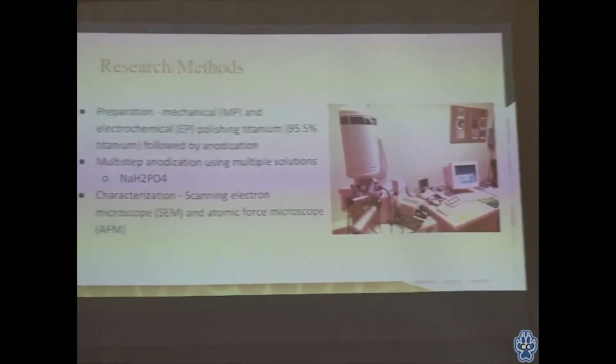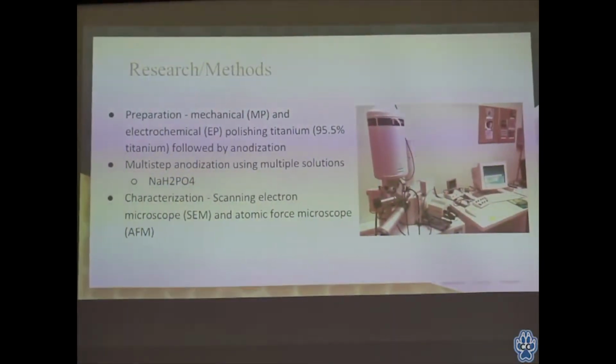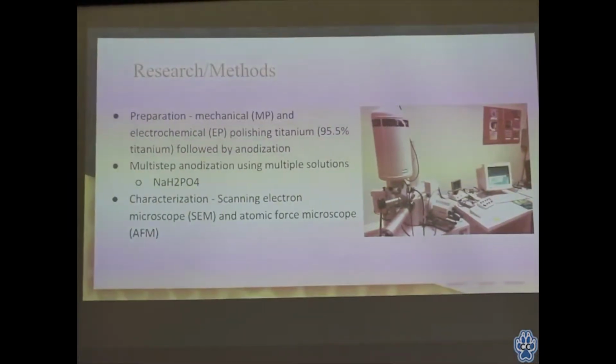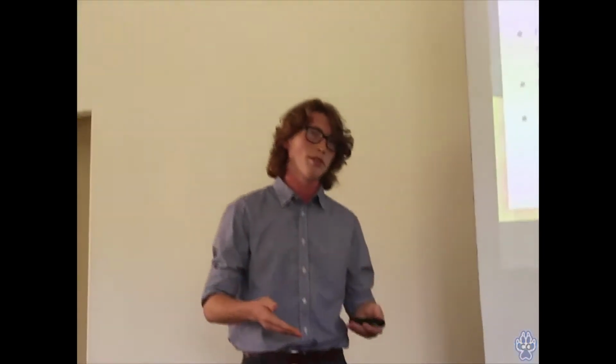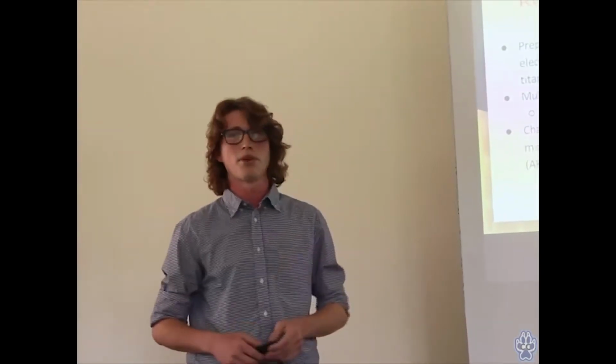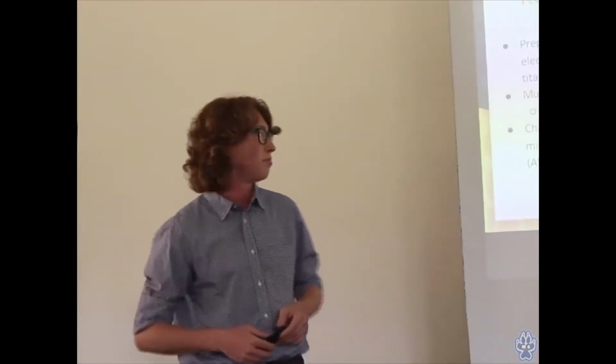So some of my methods that I use have to do with preparing the titanium. It comes to me in the sheet. It's 95% pure. I polish it down using a polishing paper and just sitting there with my hand. Then I electro polish it to get to a surface that we can reproduce constantly. And then next I anodize it, which is the process through which we build the nanotubes.